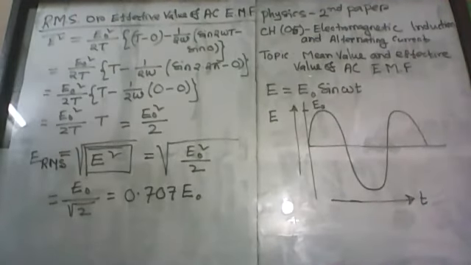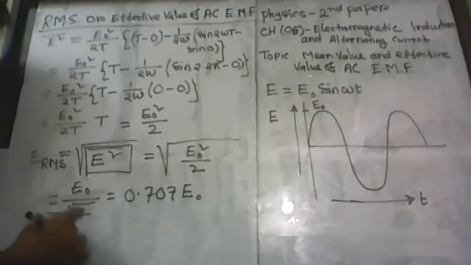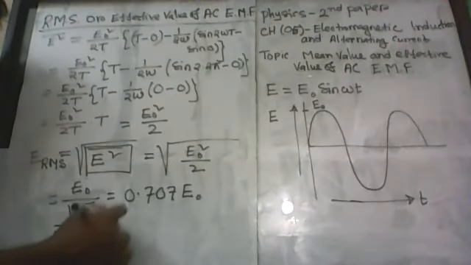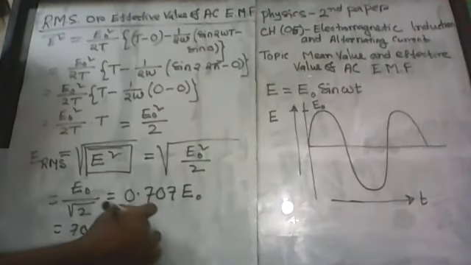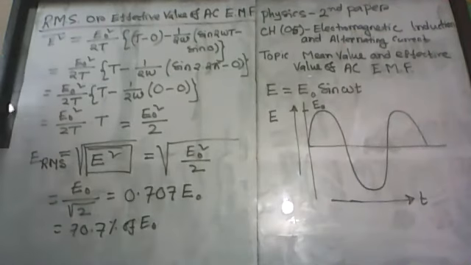In percentage, it will equal 70.7% of E naught. So this is the equation of the effective value of AC electromotive force.